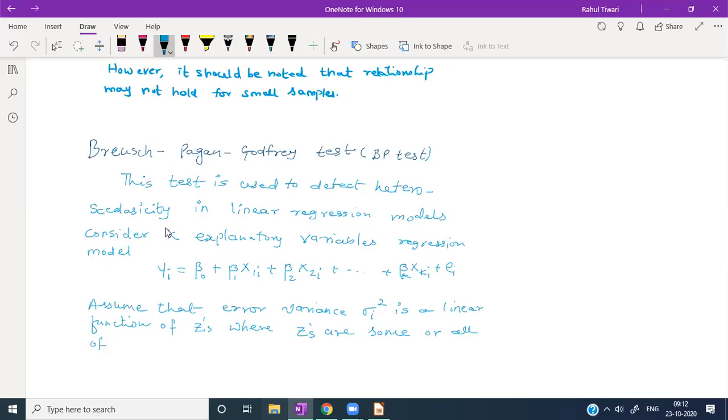The error variance which we are assuming, sigma square, is a function of all the z's, and these z's may be some functions of x. It may be some or it may be all of the x.